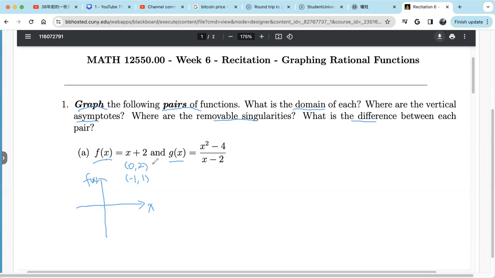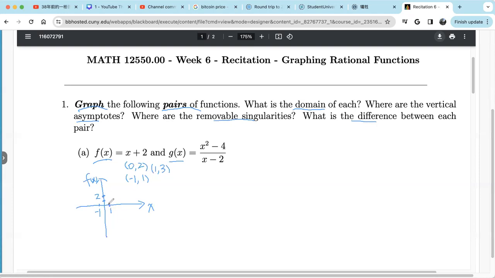We will find 3 points. If x is 1, the function value is 3. So let's see, 0, 2 is here. So this is 1 and 2. For the x-axis, this is 1. This is -1, right?